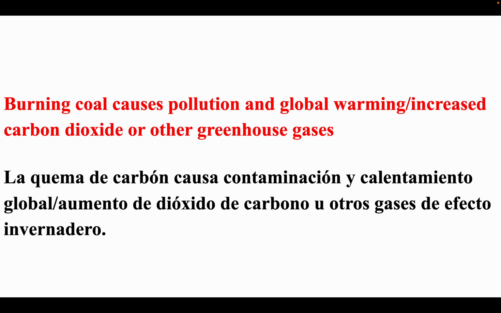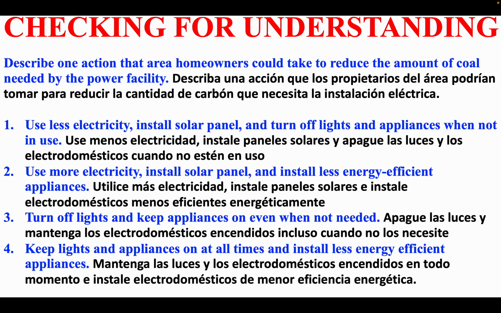And the correct answer is, burning coal causes pollution and global warming, increased carbon dioxide or other greenhouse gases. The next one says, describe one action that area homeowners could take to reduce the amount of coal needed by the power facility. 1. Use less electricity, install solar panel, and turn off lights and appliances when not in use.